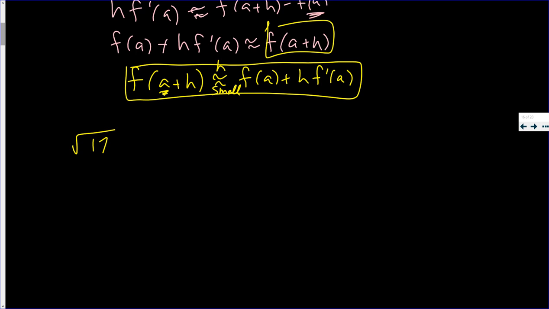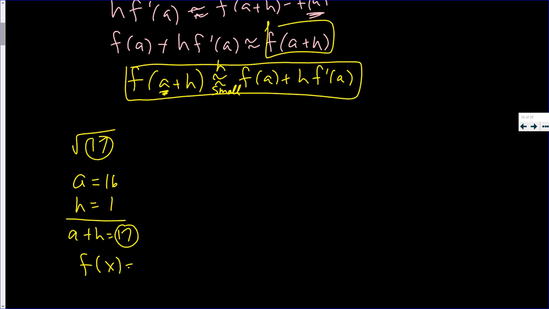And just for the record, a plus h is exactly 17. And then I'm going to define, well, what do I want done to 17? Let me do the same thing to x. Well, what I want to do to 17 is take the square root of it. So I'll take the square root of x. Okay. Now we have everything we want.